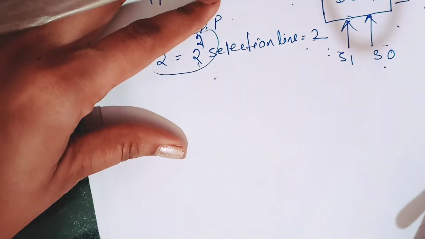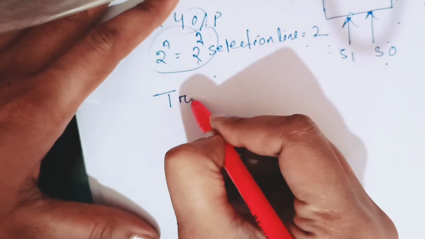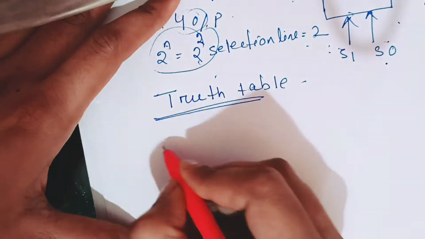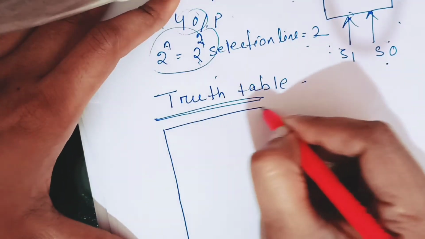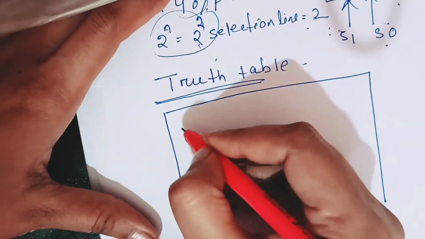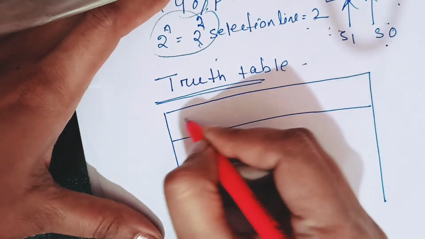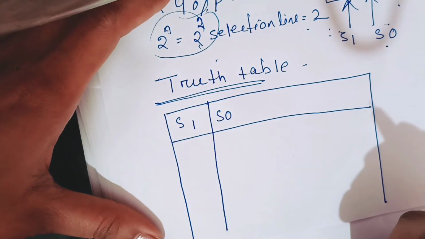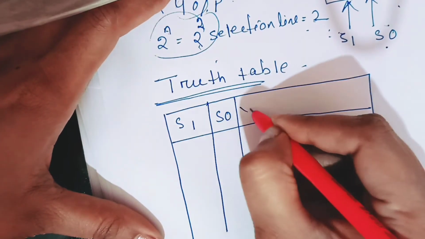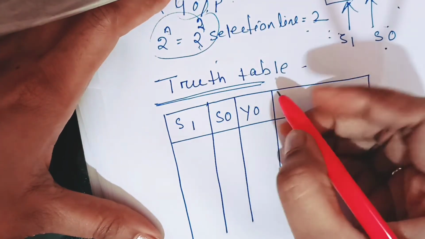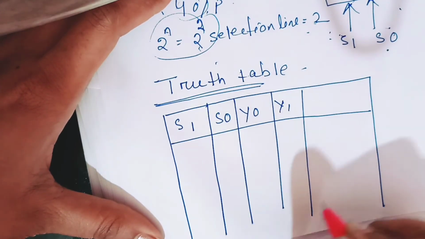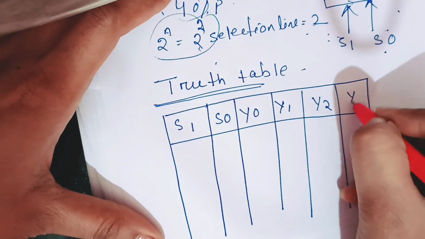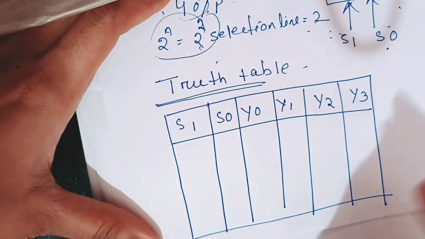Then we will draw the truth table, with columns S1, S0, Y0, Y1, Y2, Y3.